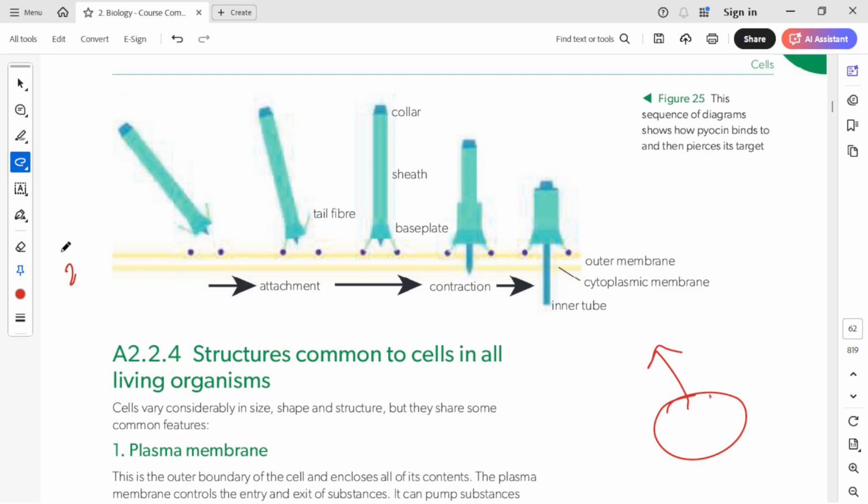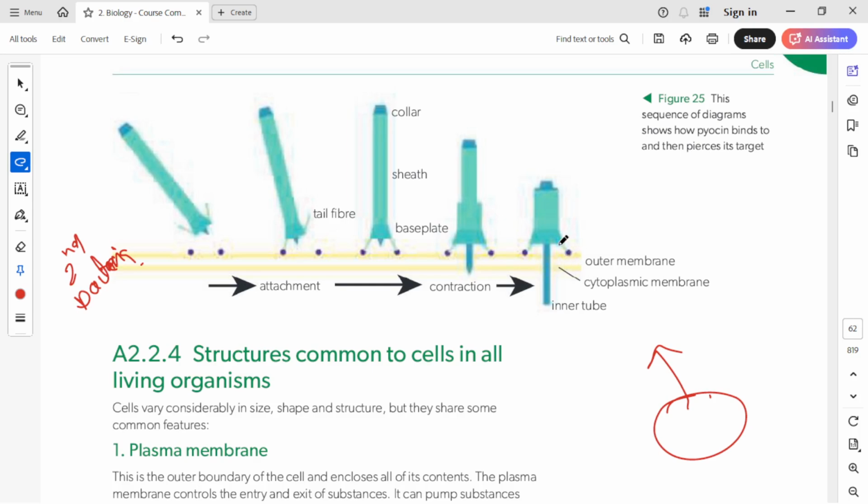If this is the second bacteria which it wants to kill, the pyocin will go and attach to the second bacterial membrane, and then it will insert its tail fiber. First it is attached to the membrane, and after that contraction will take place, and this tail will enter inside the other bacteria and disrupt its membrane so that it will get killed later on.